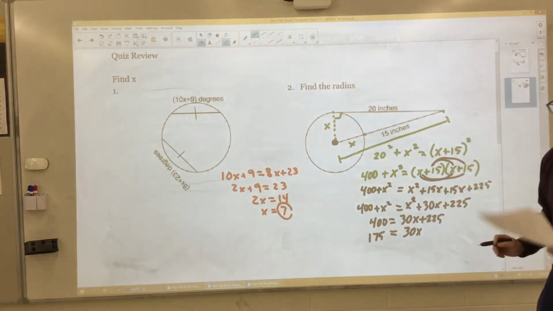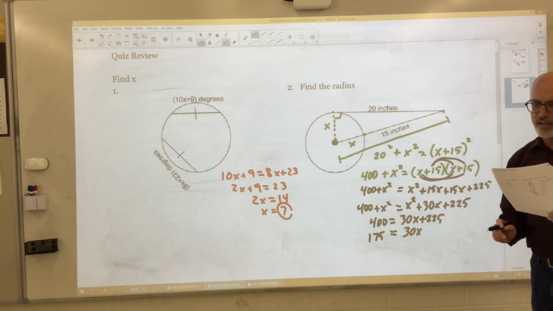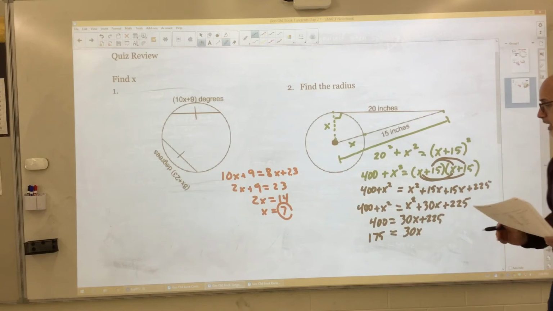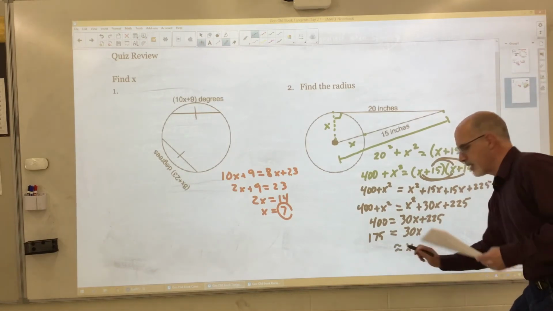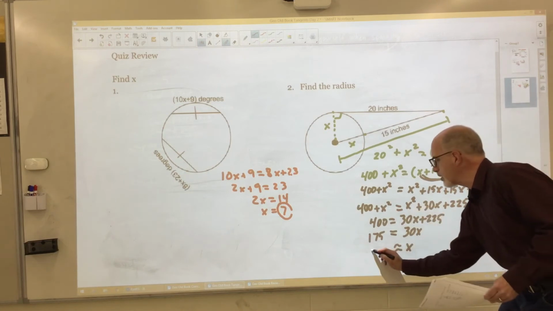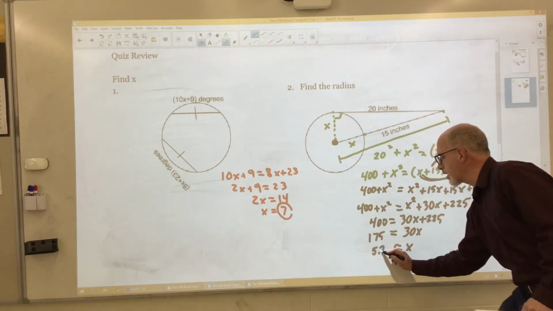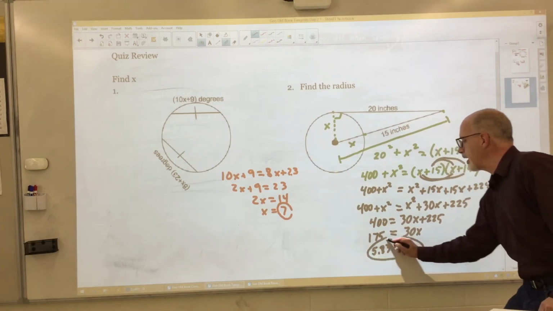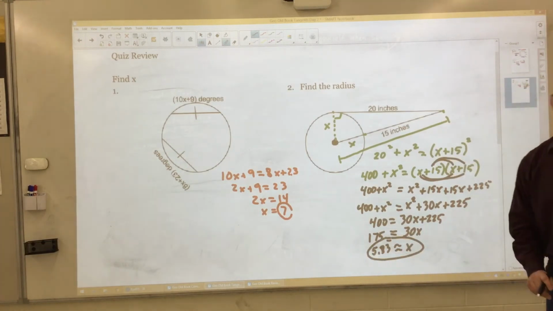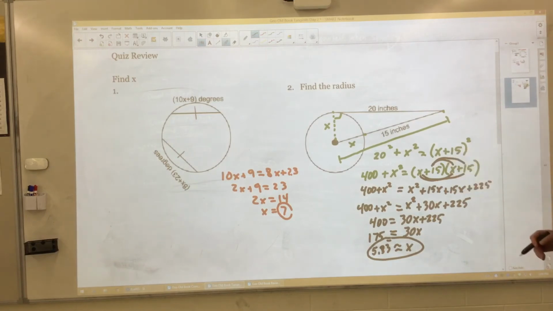Now when I divide both sides by 30, I get x approximately equal to 5.83 repeating. Actually, exactly that. So there's my solution, 5.8 and then 3 repeating. So that's how you do these two problems.